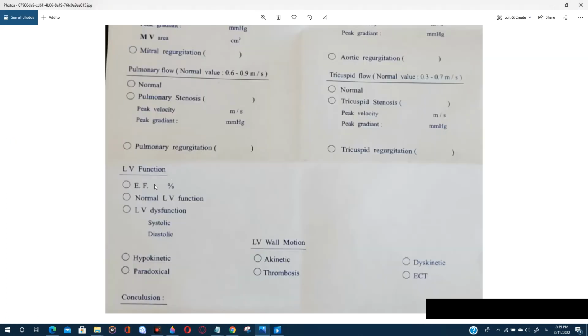Normal EF is from 50 to 70%. If it is reduced from 50, we see reduced EF, and it may be 40 or 15%.